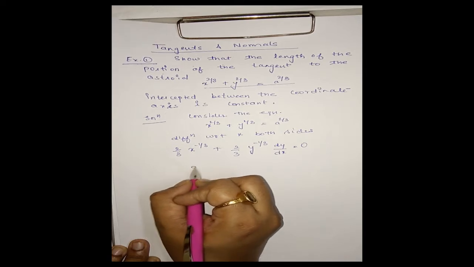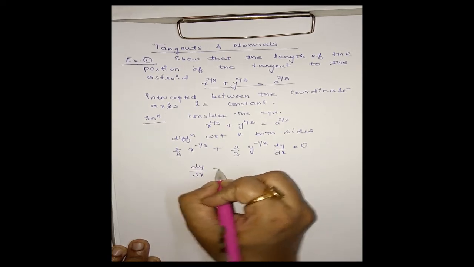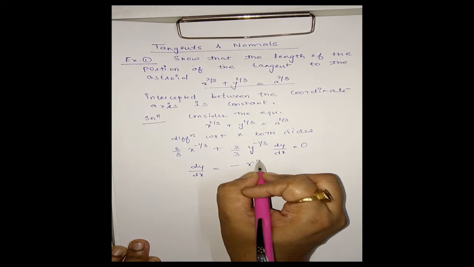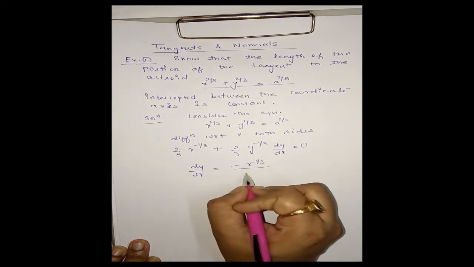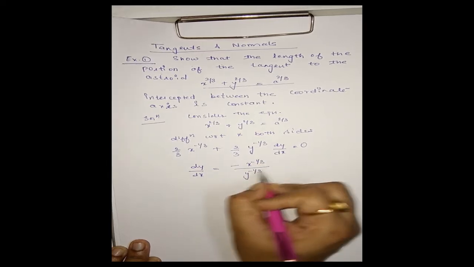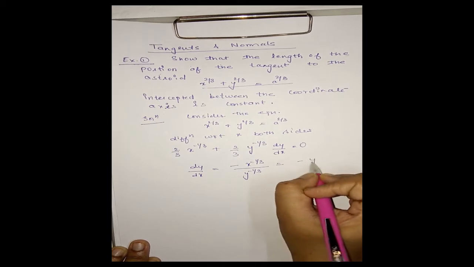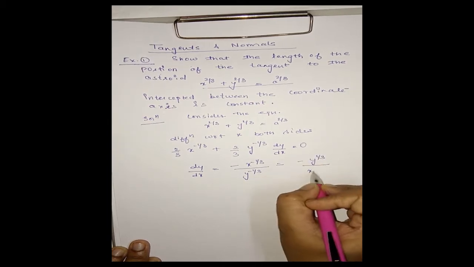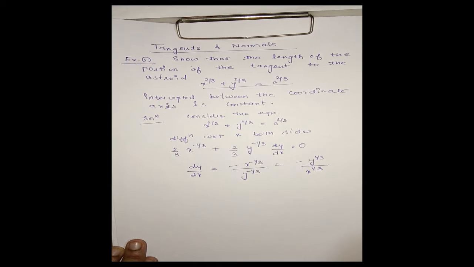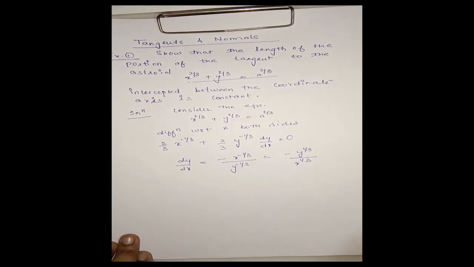This will give us dy/dx = -x^(-1/3)/y^(-1/3), or it can be written as -y^(1/3)/x^(1/3). I can write my dy by dx in this form.